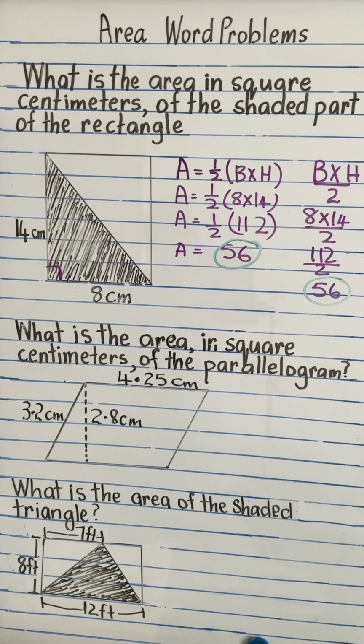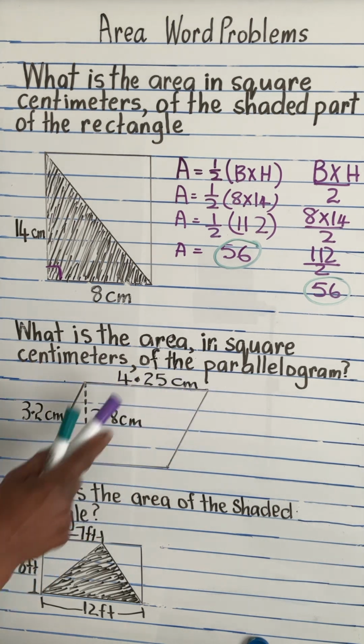Second example, what is the area in square centimeters of the parallelogram? So we have a parallelogram, and a parallelogram is just like a rectangle pushed out of shape. And a rectangle, we know, has 2 sets of parallel lines.